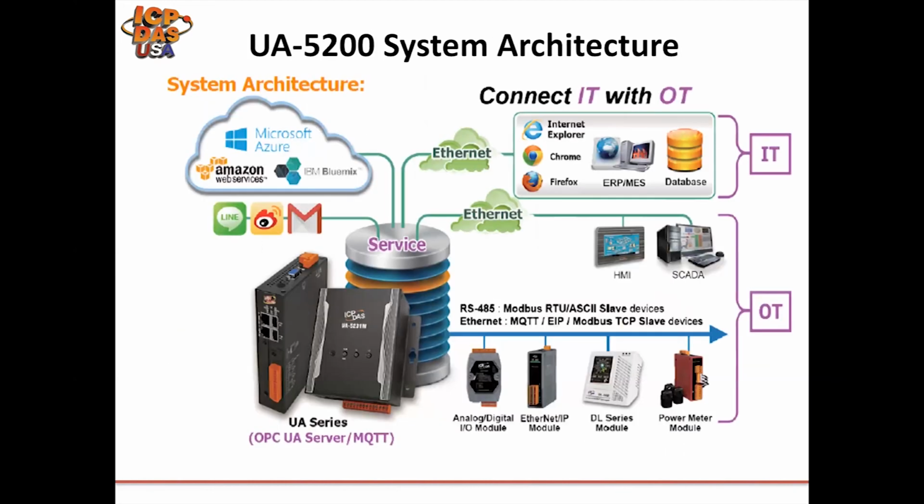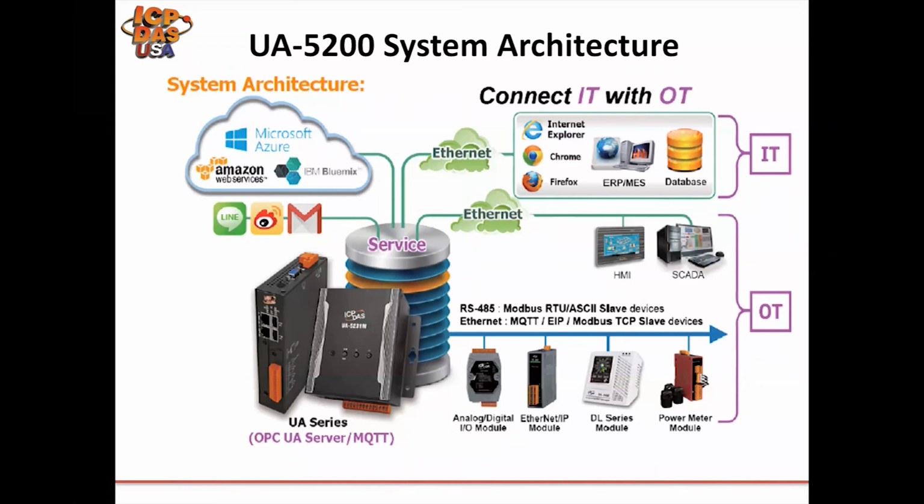Now let's just take a look at the UA5200 system architecture. Just wanted to show off this diagram. It shows off what you can do with the modules at both the application and the IT layer. The server offers Ethernet and RS-485 COM ports for communication with your data acquisition modules, power meters, other sensors at the operational layer.